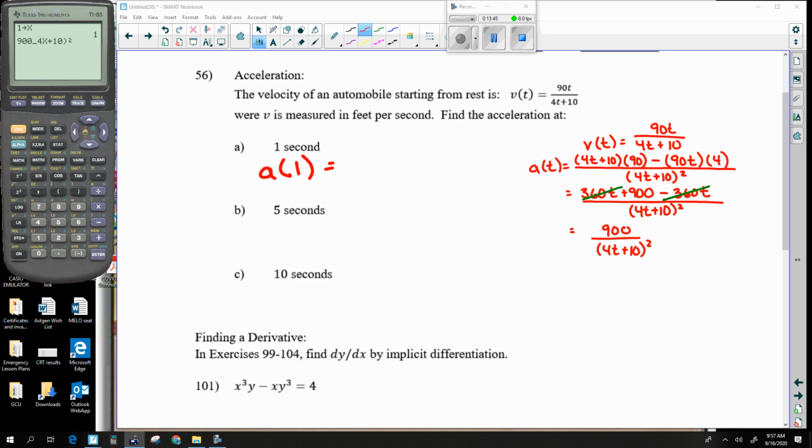And that's going to be 4.5918. This is an acceleration, so this is feet per second squared. This is also 225 divided by 49 if you want it that way.